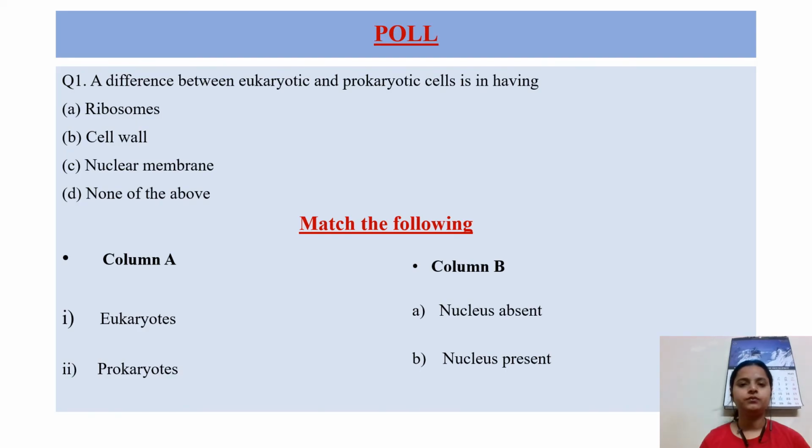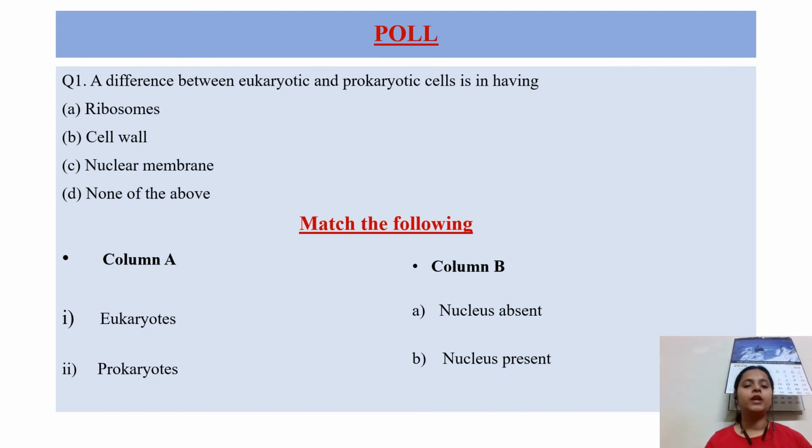Question 1: a difference between eukaryotic and prokaryotic cells is in having, there are four options: ribosomes, cell wall, nuclear membrane, none of the above. So you have to mention a difference between the eukaryotic and prokaryotic cells. Write down your answers in the chat box and I will check it from there.